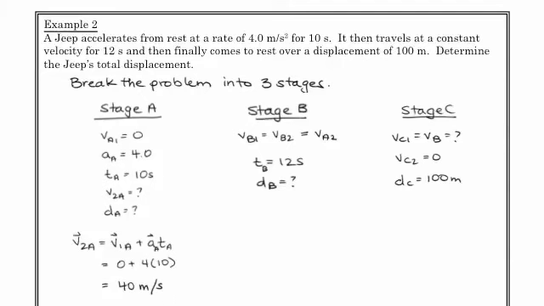So at the end of Stage A, we're traveling at 40 meters per second. Also, we can find the displacement for Stage A, and we'll use this equation to help us with that. Initial velocity of 0, we know the acceleration, we know the time, and so we can say we've got 200 meters traveled during that initial acceleration.